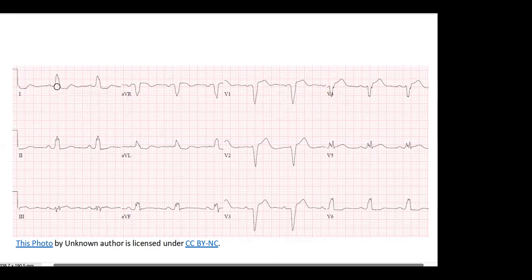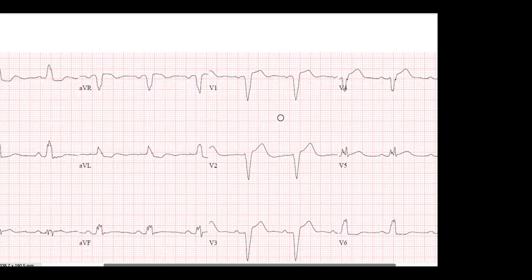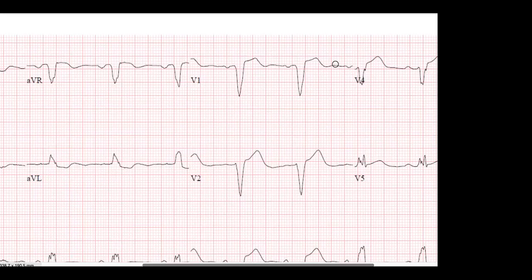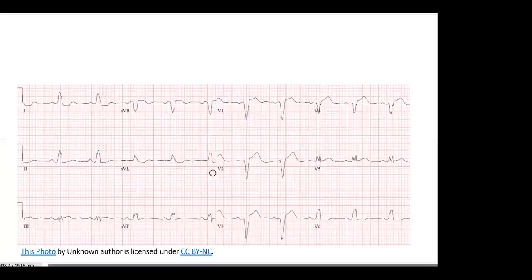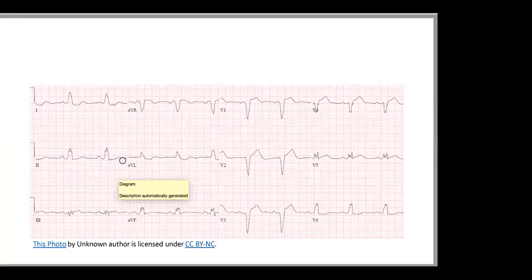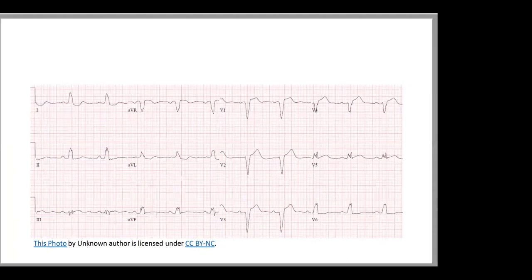You see an ST depression here on I, aVR, aVL, V1 to V4. So practically, you can talk about a heart attack. This patient, I don't know what the patient had, but this is not a normal ECG. Yeah.